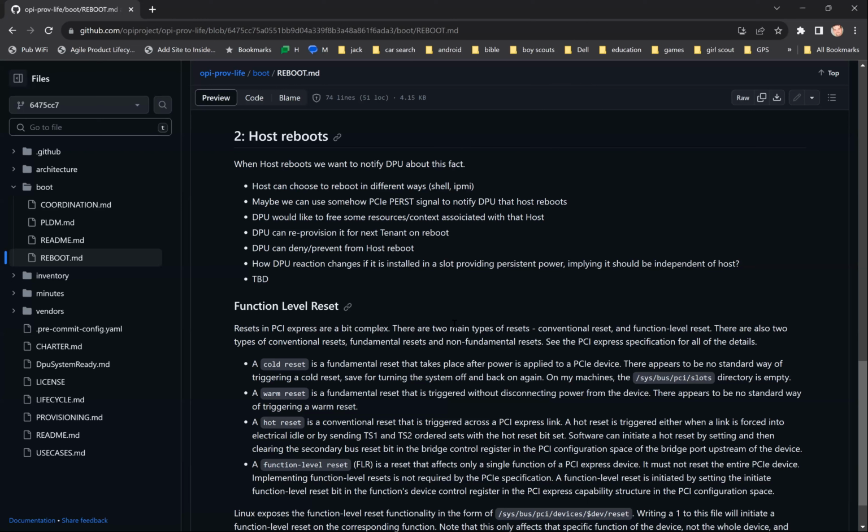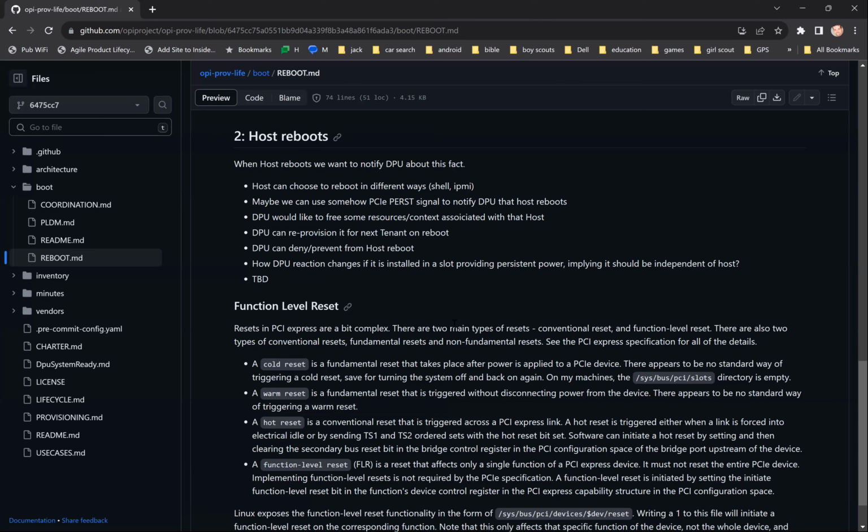There are cold reset, warm reset, hot reset, functional level reset, so all the different resets. Can we use that to notify that the host reset, so the DPU is free to release all the resources associated with this host?